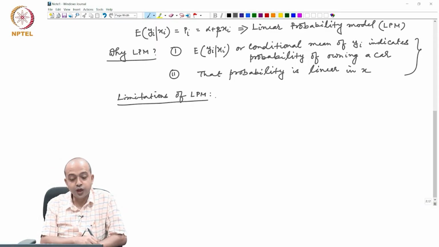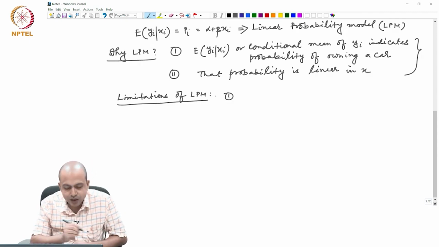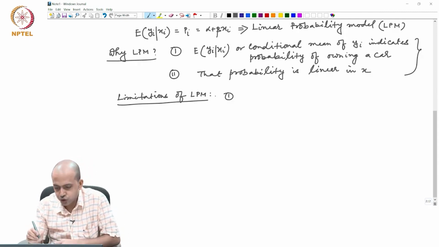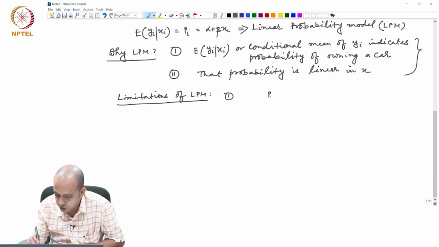The first one is, as you know from the properties of probability, that pi should always lie between 0 and 1.